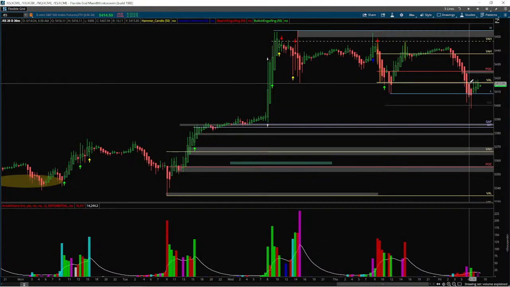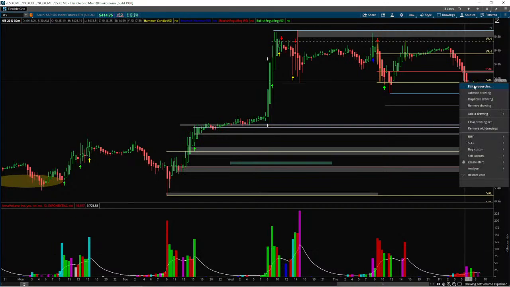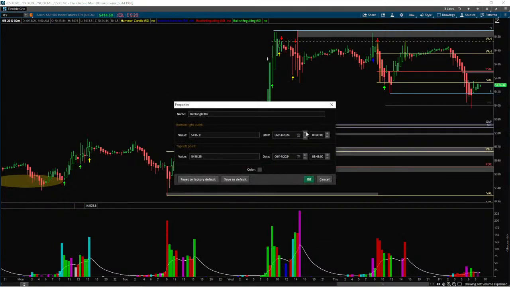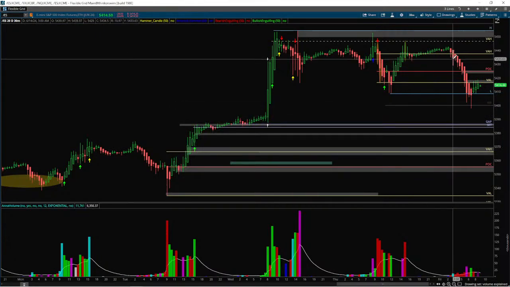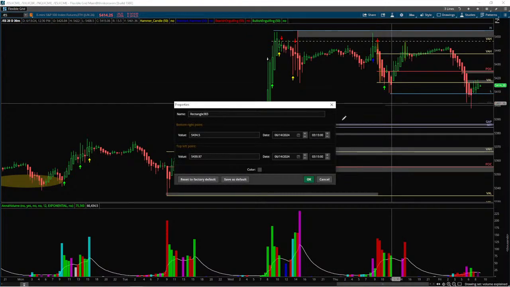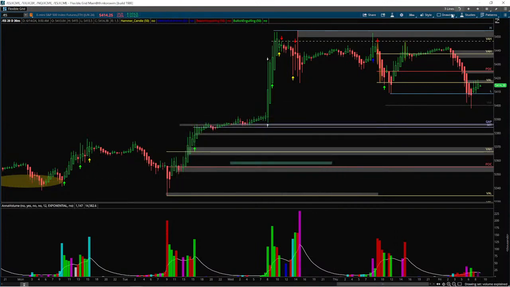This area also might be an area of interest. They also happen to be my value areas, and this one too. Alright, now let's go down to the probably get rid of these for the most part. I prefer to play the extremes.